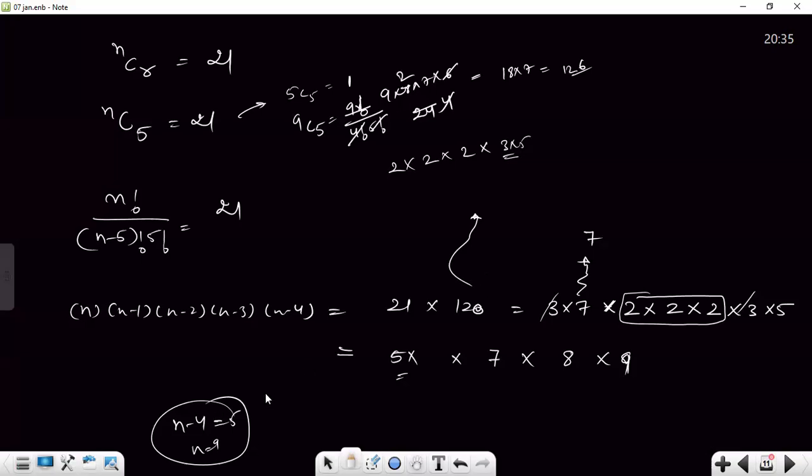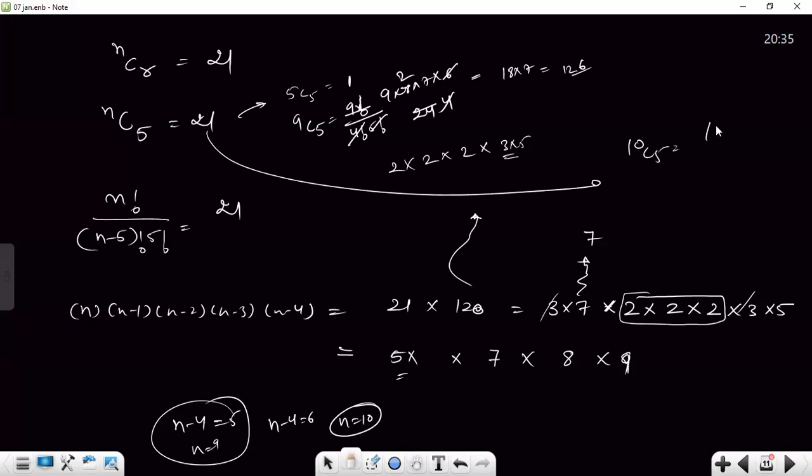Let's take n minus 4 as 6, so n is equal to 10. Now let's find out 10C5. 10 factorial divided by 5 factorial into 5 factorial. This cancels this, leaving 10 into 9, 8, 7, 6. 5 factorial is basically 120. 0 cancels 0. Now 6 cancels 12 by 2.